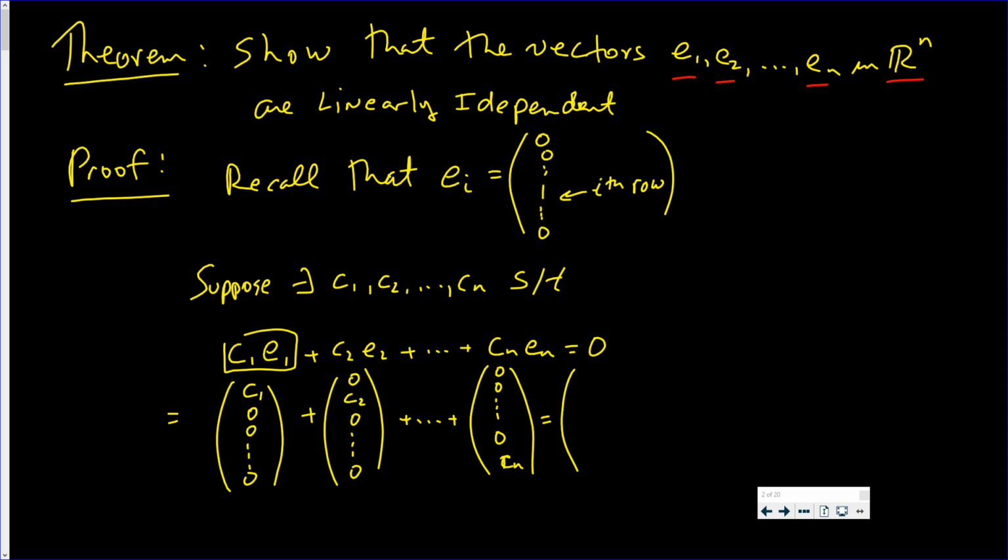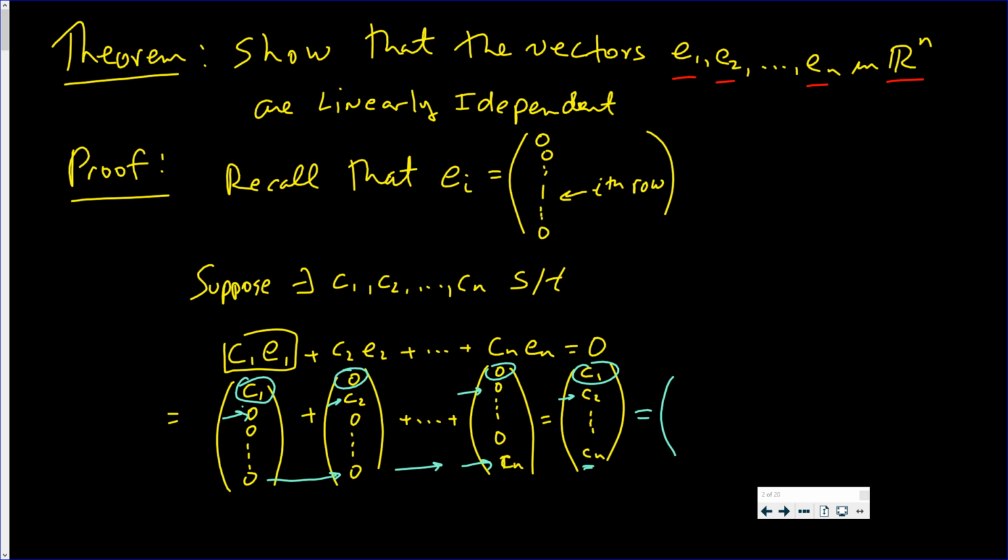and this equals (C1, C2, up to Cn), because C1 plus 0 plus many more zeros is in fact C1, and 0 plus C2 plus a lot of zeros is C2, and 0 plus a lot more zeros plus Cn is Cn.